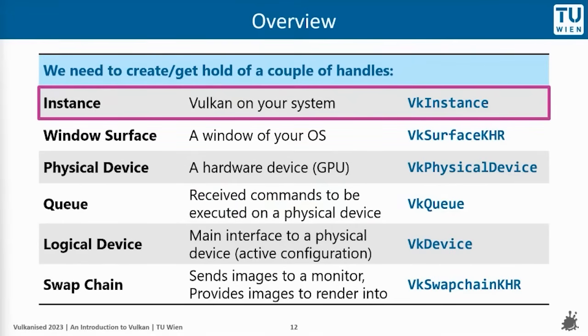So let's start with the instance. The instance represents Vulkan on your system, so to say, and it actually represents the configuration in which you are intending to use Vulkan on your system. You can enable extensions and so on for that. So you configure an instance and then use that as an interface to Vulkan.